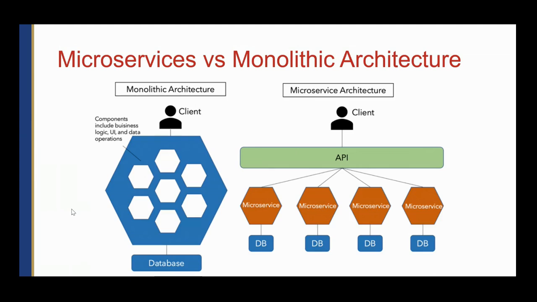This is the diagrammatic comparison between monolithic architecture and microservices architecture. In monolithic, only a single module is there, connected to the database.